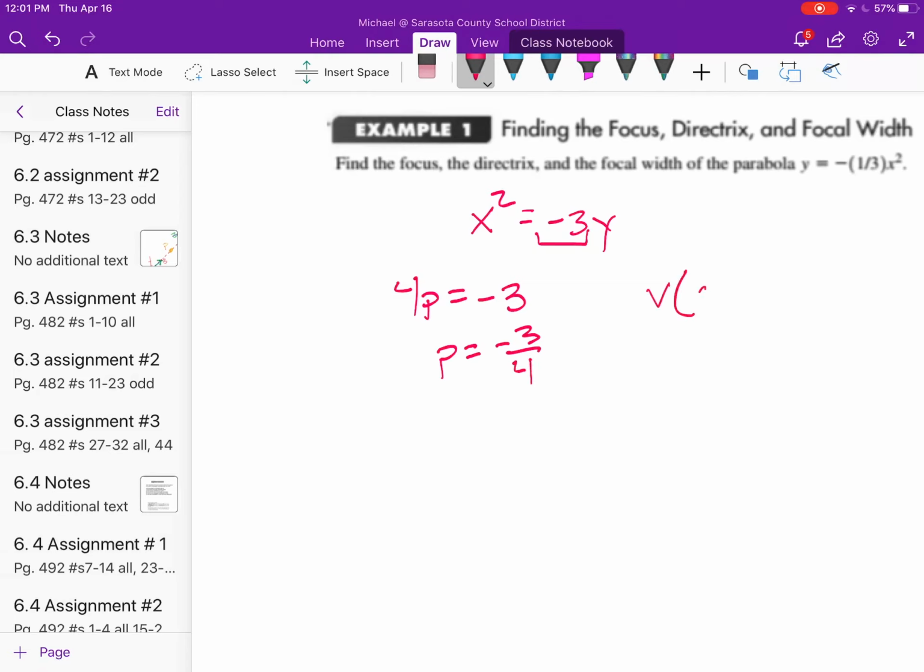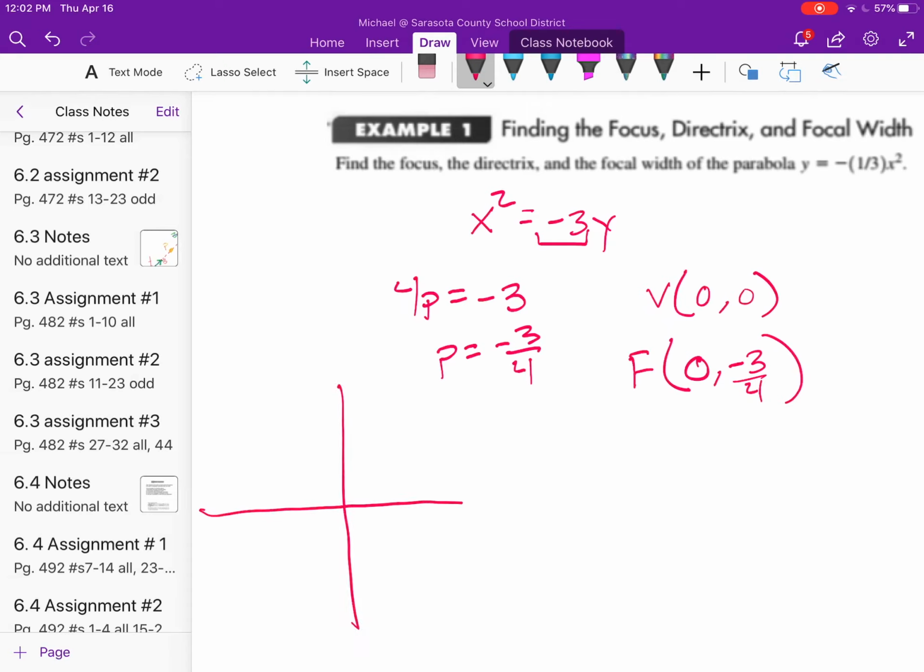Since our vertex is at 0, 0 at the origin, because I don't have an h and a k, this guy is going to have a focus at 0, -3/4. So our focus, I'm going to call it F for focus, is going to be at 0, -3/4. That's where our p is.